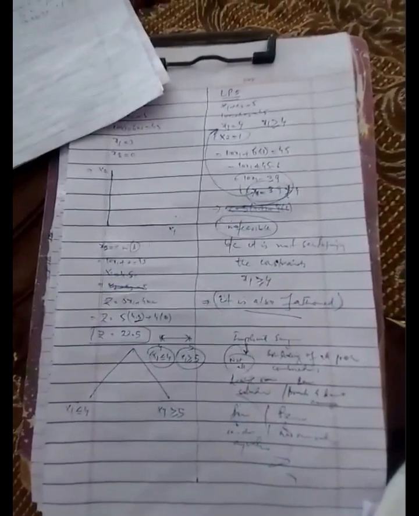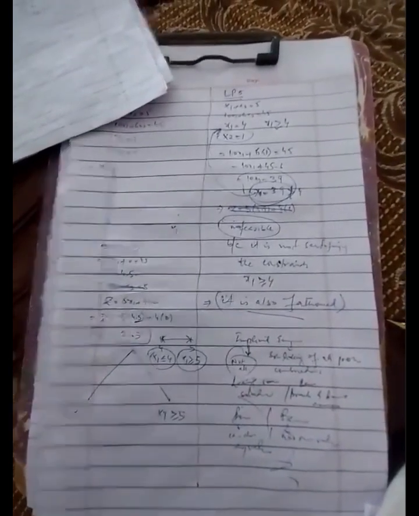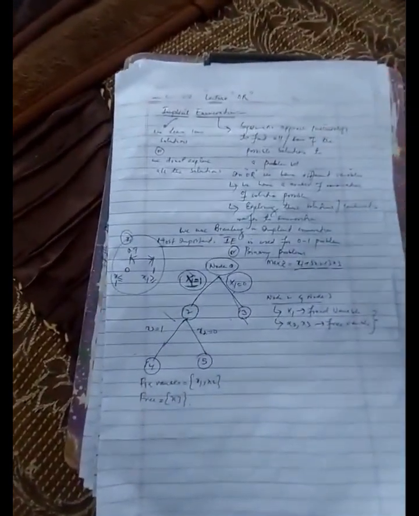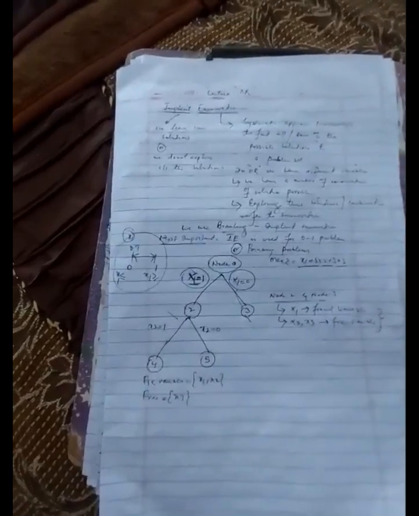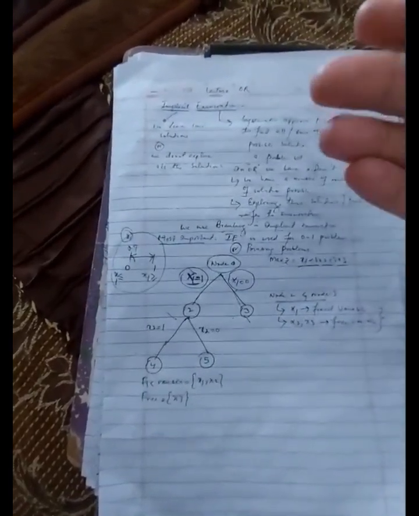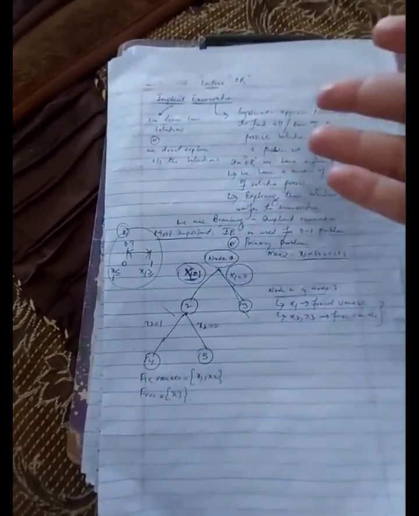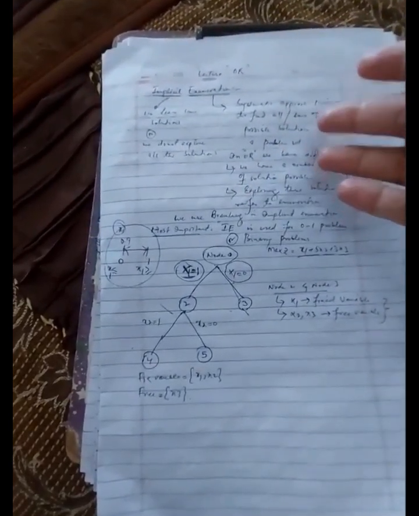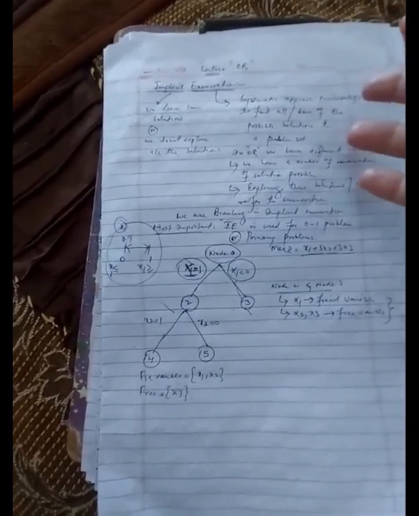So in the exam, it may be given with only three variables maybe. So it will be just one or two iterations, because in the first iteration we will fix x1, and x2, x3 will remain the free variables.